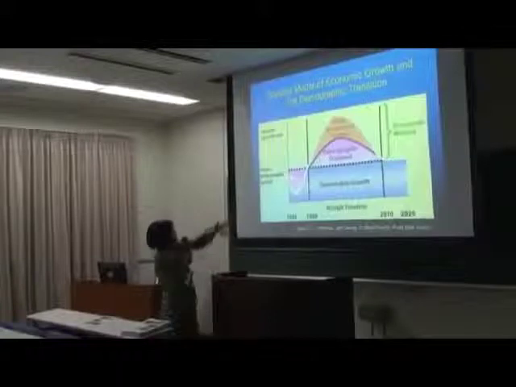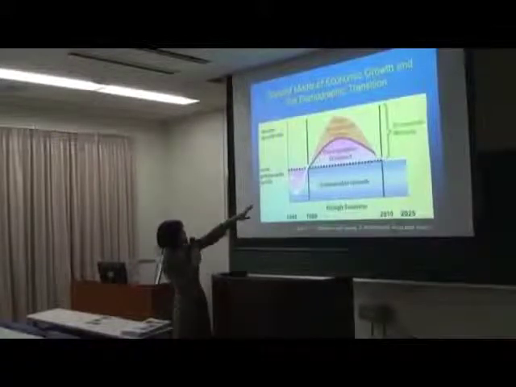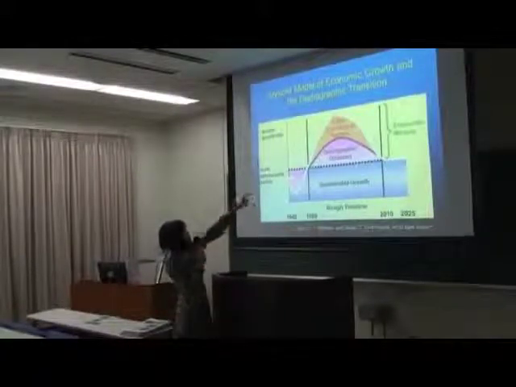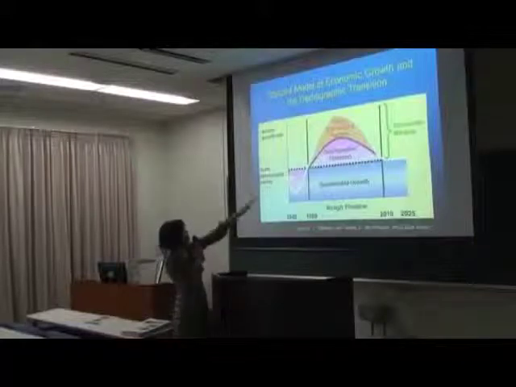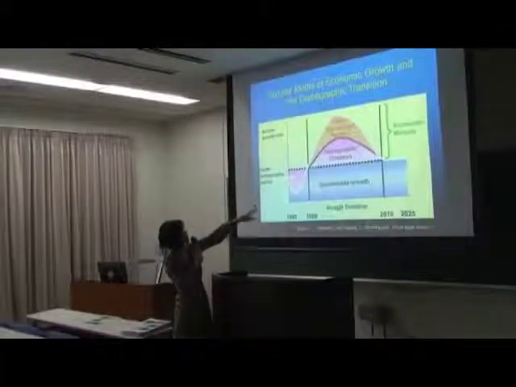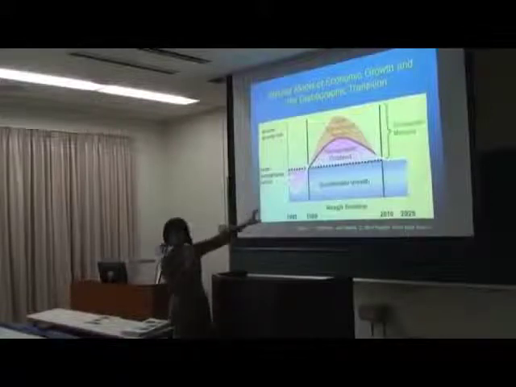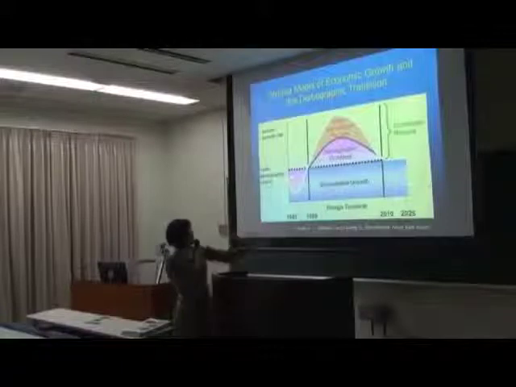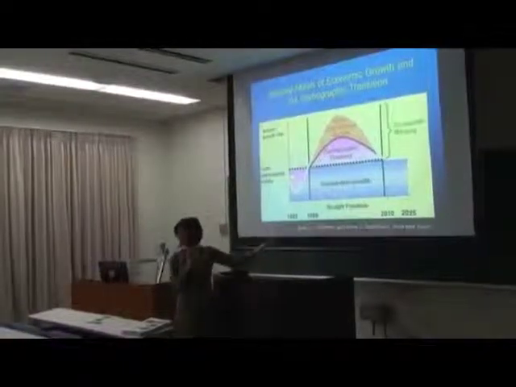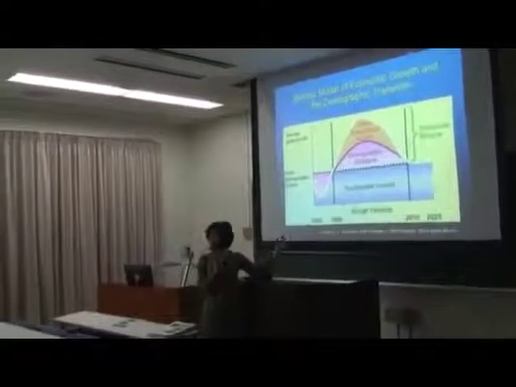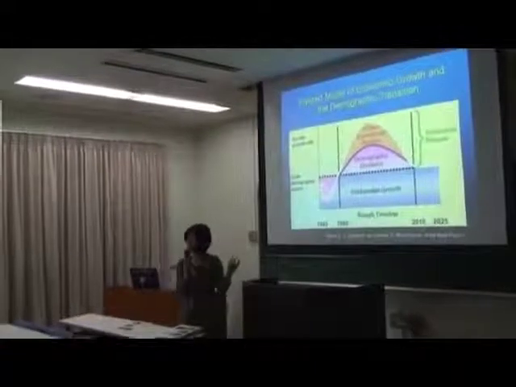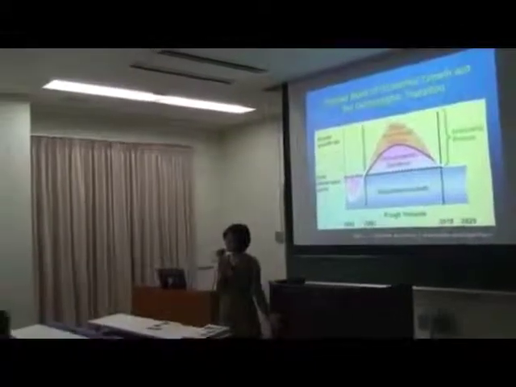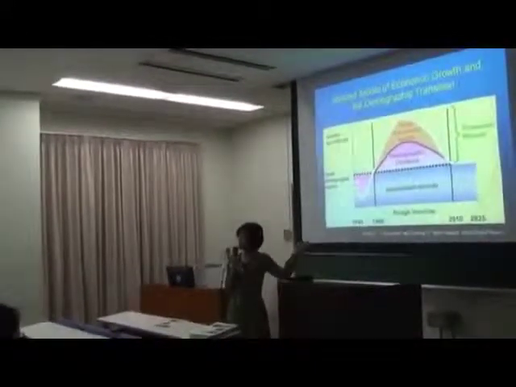But when the size of the population in the working age grows, that is the demographic dividend, and it leads to economic growth being sustained during that period, like from 1960 to 2010. It varies, but this is some kind of an average from the past years. Japan is in here also.